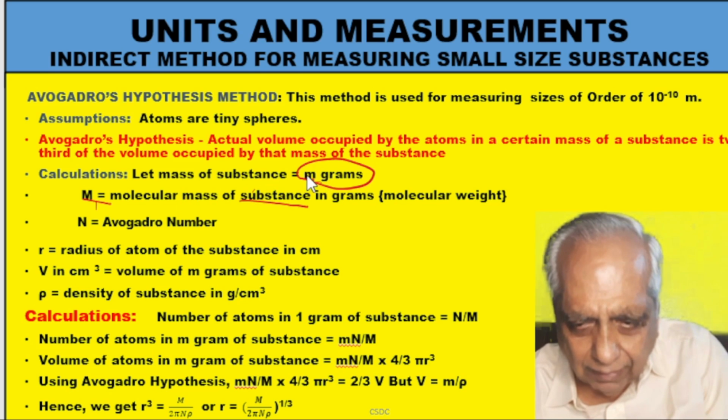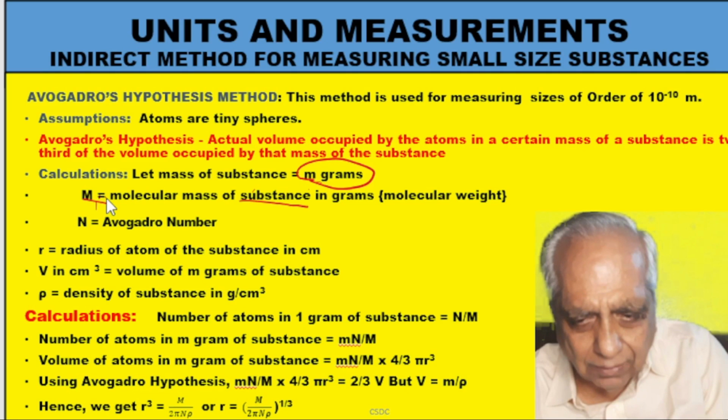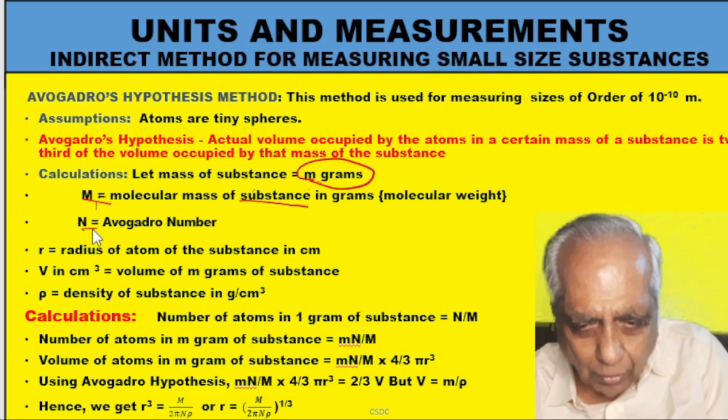Like in case I take water, I can take 10 gram of water, and the molecular mass of water would be 16 plus 2, 18. Then N is the Avogadro's number.